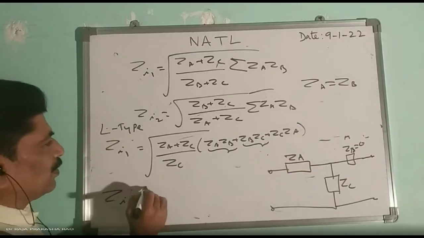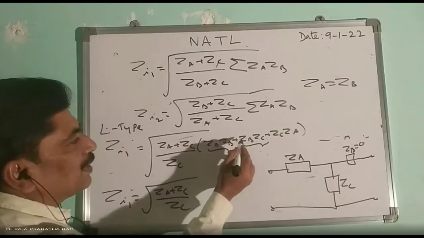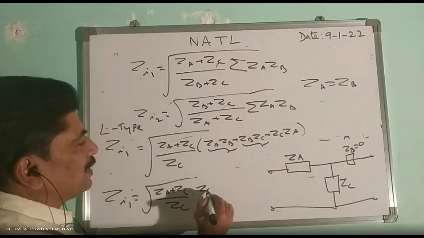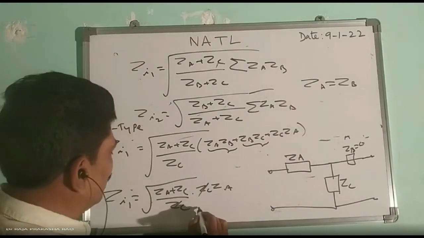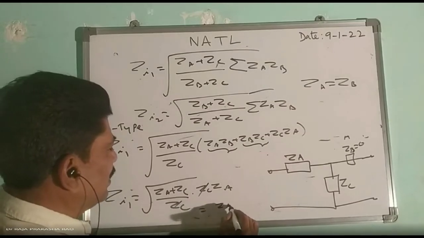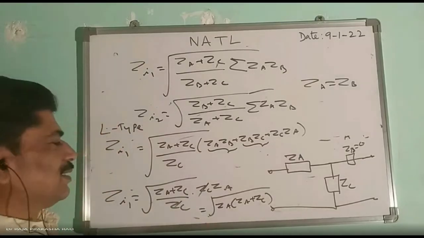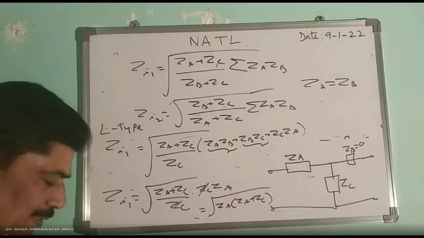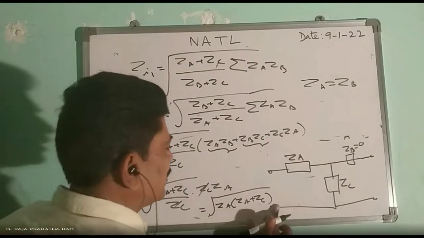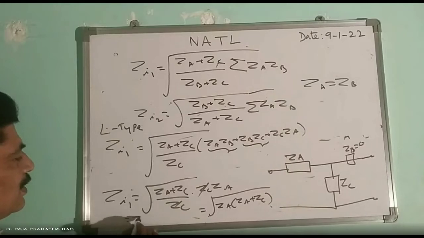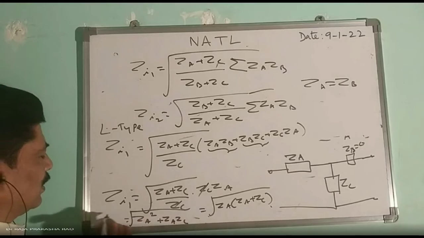Zi1 is equal to the square root of (ZA plus ZC)/ZC into ZCZA. This ZC and this ZC will go off. So Zi1 will be equal to the square root of ZA into (ZA plus ZC), that is, the square root of ZA squared plus ZAZC. So this is the image impedance for the L network.